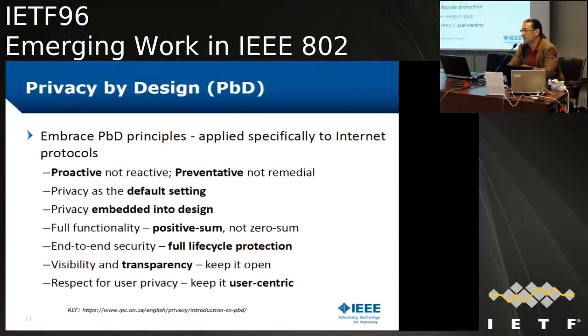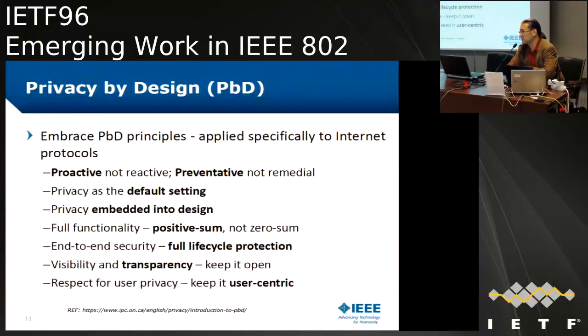We also want to have it embedded in the design. We don't want it to be an add-on that you may have to purchase to be privacy enabled. We want to have a positive sum, so we definitely don't want to disrupt the business model of the company or whoever is buying or selling that device, for instance.